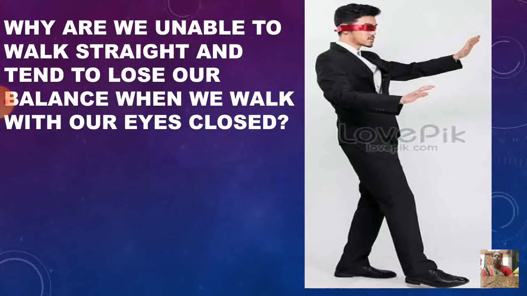In the absence of a visual reference point, the brain is unable to ascertain the exact direction in which the body is moving, and hence most of us will be unable to walk in a straight line with our eyes closed. However, visual reference is not the only mechanism of maintaining balance or direction in our movements.